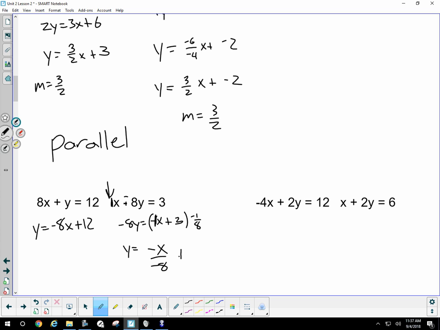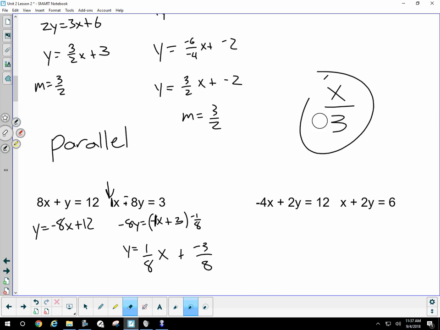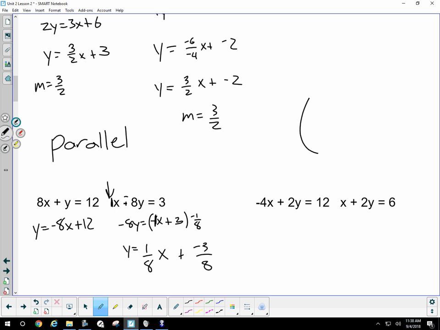And here this would be negative 3 over 8. Maybe we don't see exactly what the slope is because we don't see a number times x. But if we thought about a 1 being there and distributing the negative 8 to the 1, negative 1, we know this is positive 1/8 times x. Or whenever you have some number divided by x, like x over 3, we know we can rewrite things as 1/3 times x.